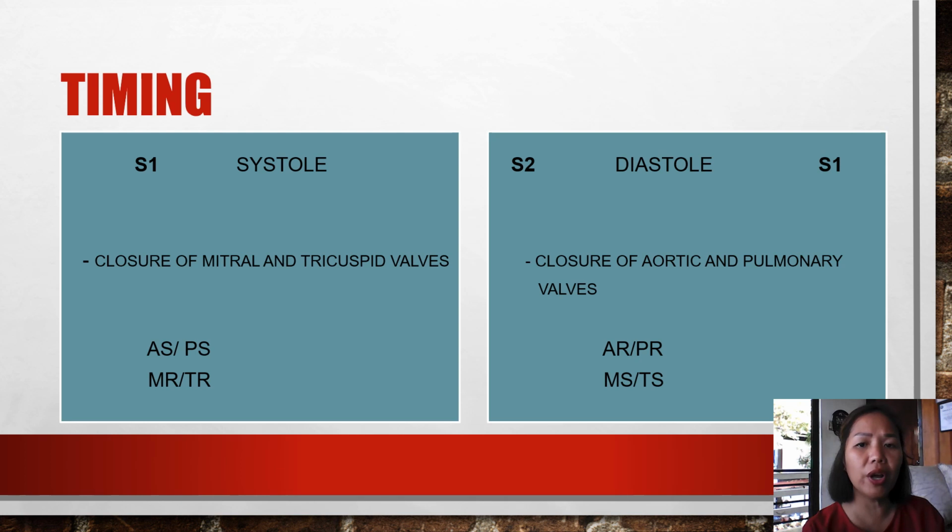Murmurs heard on systole is heard between S1 and S2 and may be due to an aortic or pulmonary stenosis, or mitral or tricuspid regurgitation. Murmurs heard on diastole is heard after S2 and before S1, and it may be due to an aortic or pulmonary regurgitation, mitral or tricuspid stenosis.